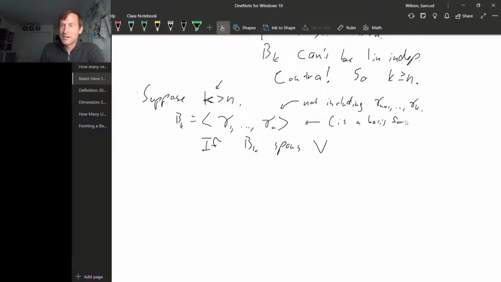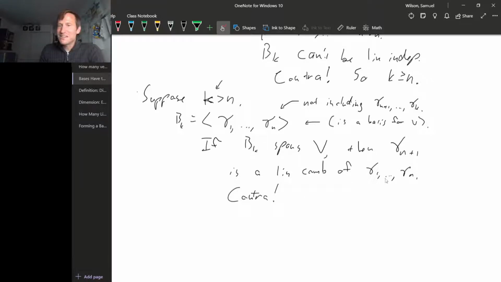Okay, so if B sub k spans V, which it must, then that means that the next gamma along is a linear combination of gamma 1 up through gamma n. But this is a contradiction, because the gammas were supposed to form a basis.